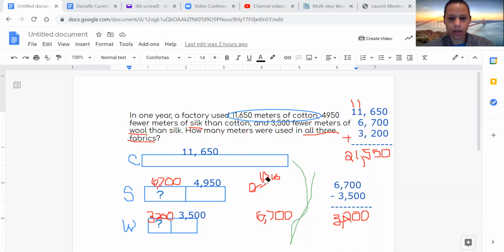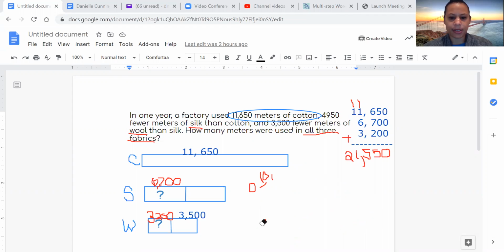To check our work to see if our estimate is right, for that, we can average out those pieces that we had for the problem and see if we get closest to that 21,000. And if you were to do that, you would say, 11,000 is closest to about 12,000.